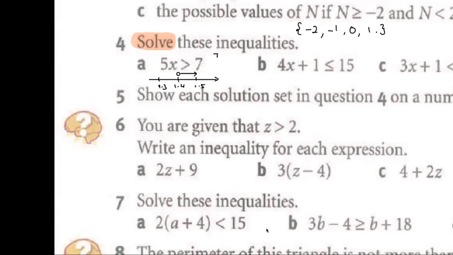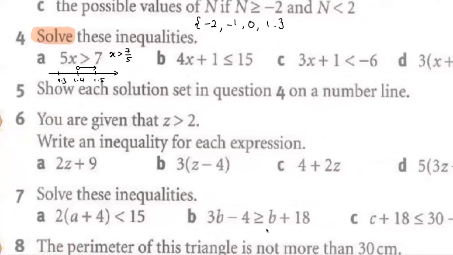Let me just write out for you. x is more than 7 over 5. This side will be x is less than or equals to 7 over 2, which is 3.5, between 3.6 and 3.4. Less than or equals to, so it's a solid circle.